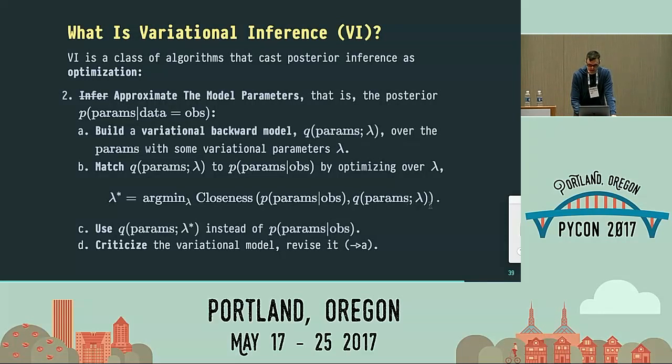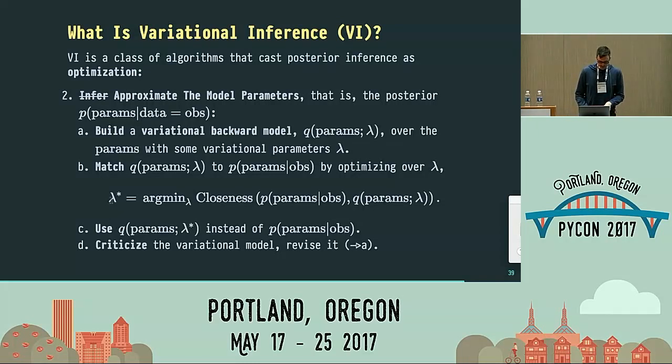Since this depends on the current parameterization of Q, you can just minimize it. You optimize this closeness over these parameters lambda, and then you get an optimal lambda star. The hope is that this closeness is so small, ideally 0, where 0 would mean that they're identical.